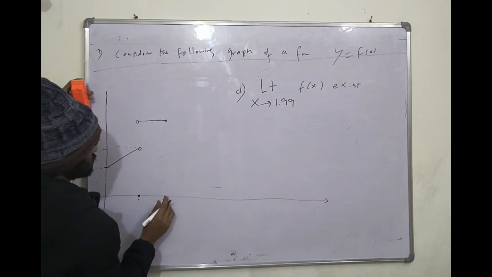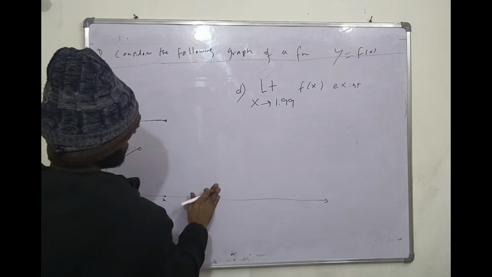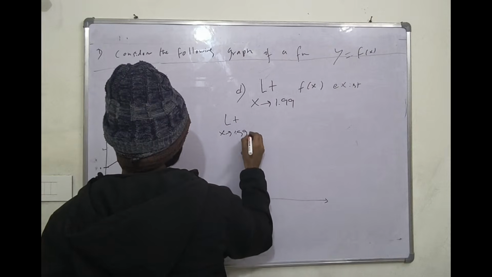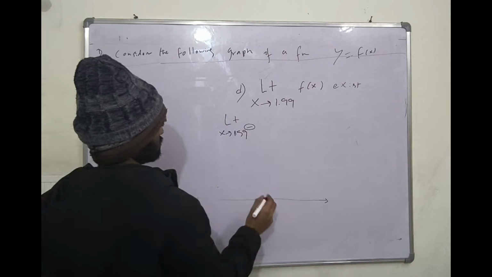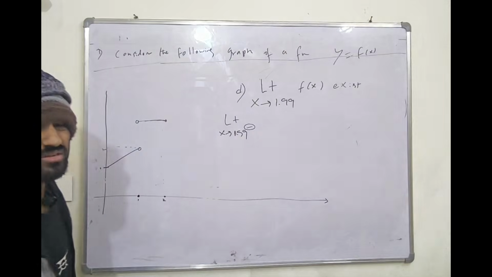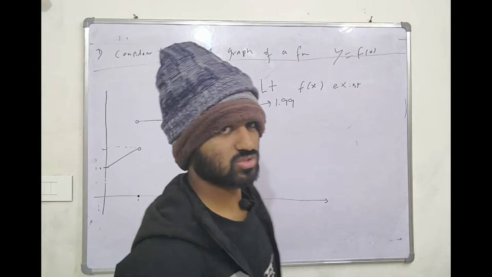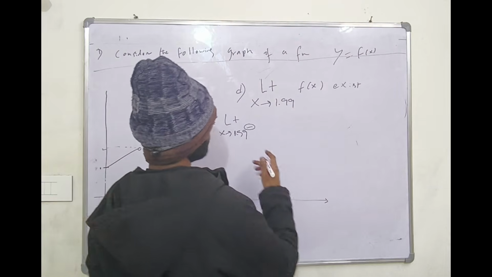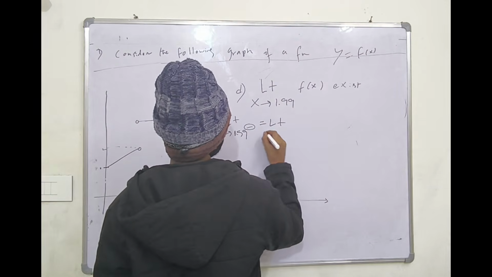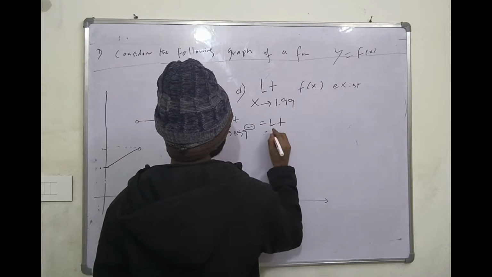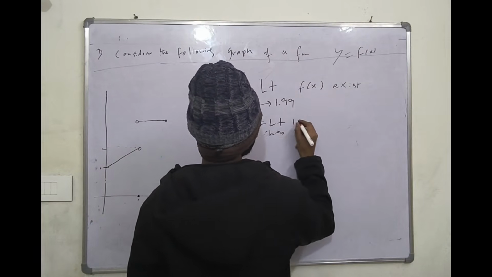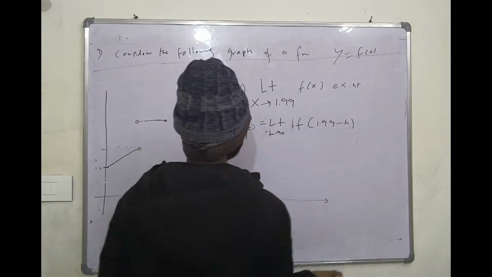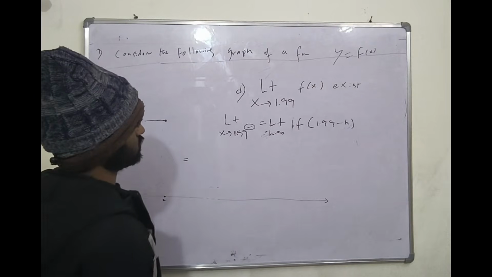So left hand limit x tends to 1.99 minus. They are asking limit x tends to 1.99, which is somewhat good. So 1.99 we can write as limit h tends to 0 f of 1.99 minus h.